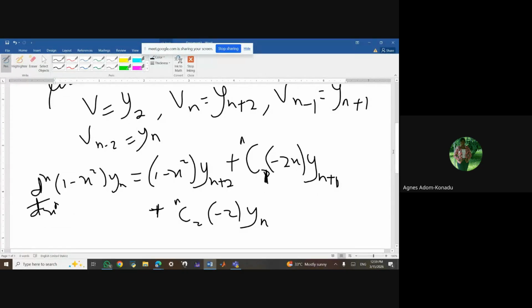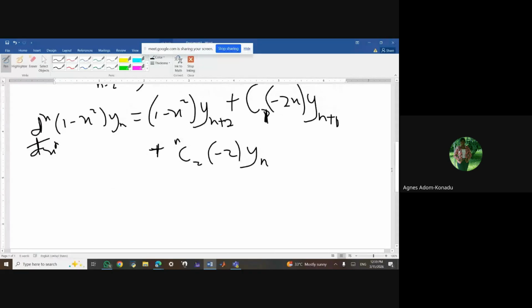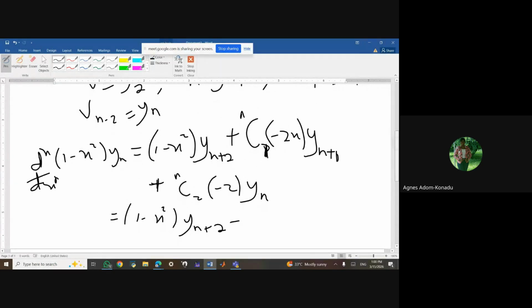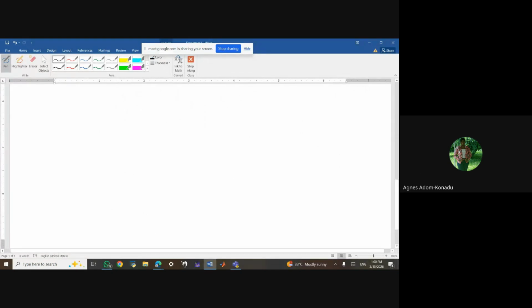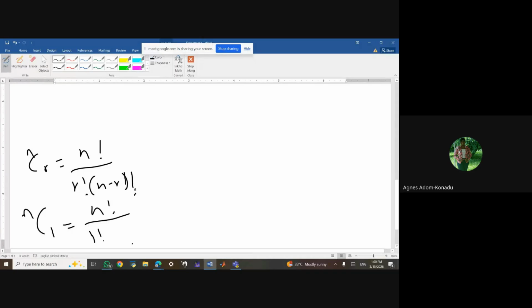Then you can open it and expand everything. So this will be (1 - x²) y_{n+2}. Then what is n combination 1? I just told you that n combination r is n factorial over r factorial times (n - r) factorial. So n combination 1 is n factorial over 1 factorial times (n - 1) factorial.